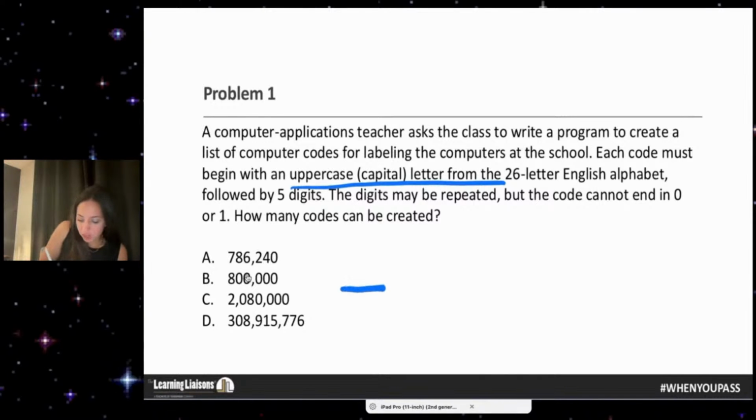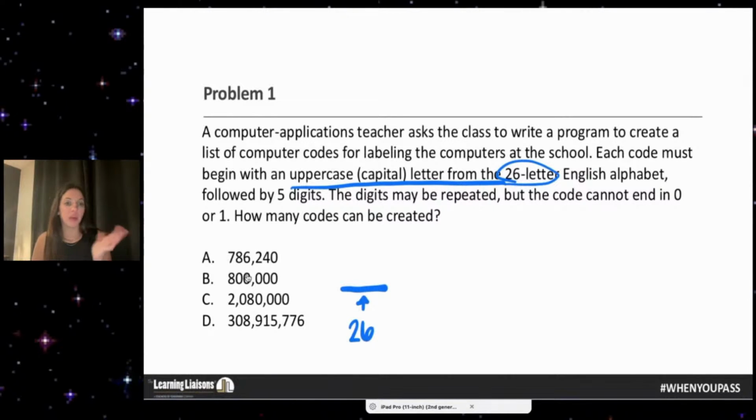So my first piece of my code is going to be an uppercase letter from the 26-letter alphabet. How many different options can sit in that spot? There are 26 different options.